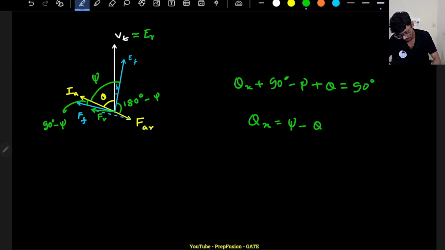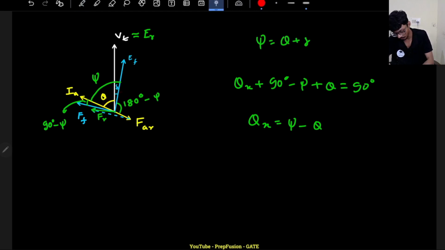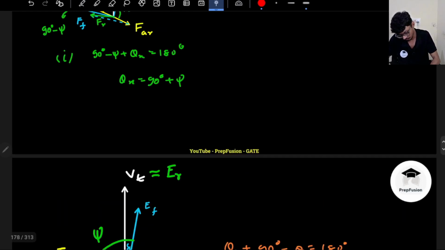And psi equals theta plus delta. So the angle, the phase difference, will simply be delta. What are they exactly asking?